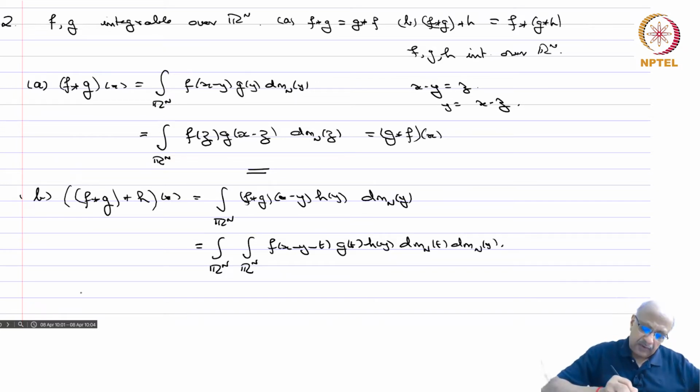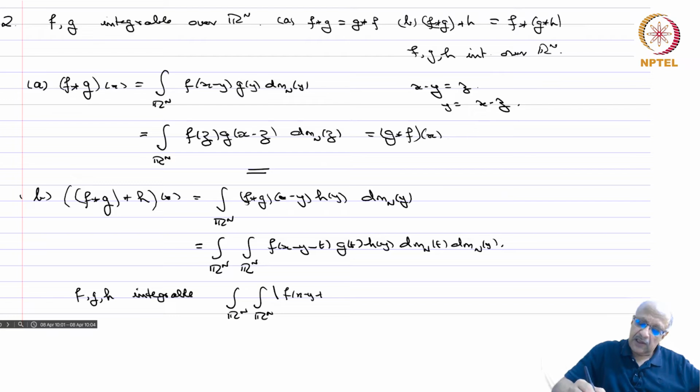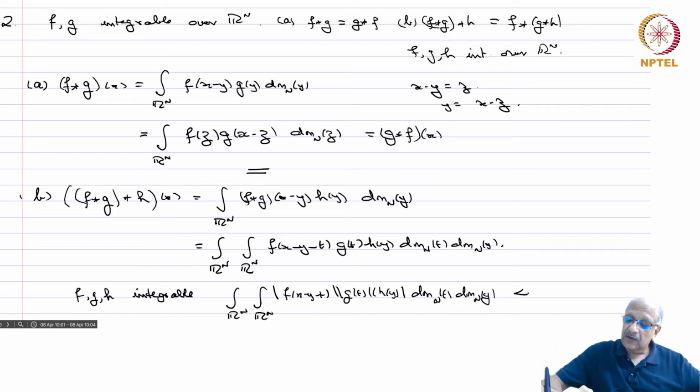Now since f, g, h are integrable, the integral over R^n of |f(x minus y minus t) g(t)| |h(y)| dm_n(t) dm_n(y) is finite.